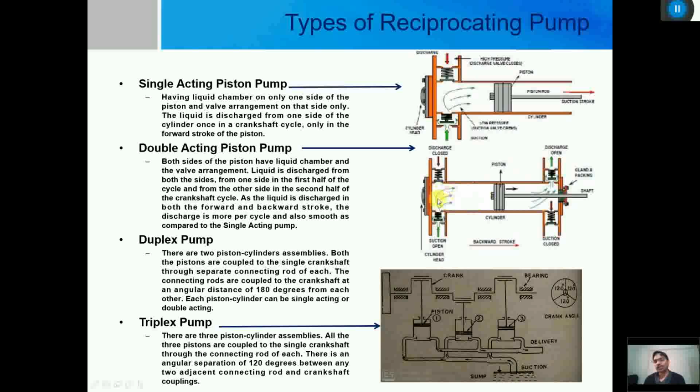Whereas in case of the double acting pump, we have the discharge in both strokes, but fluctuations are larger here also, although it is more uniform than the first case. But in case of duplex and triplex pumps, we have more uniform discharge.